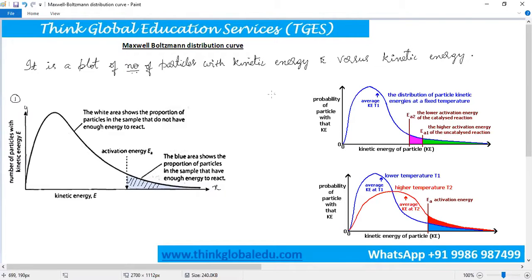With the help of the Maxwell-Boltzmann distribution curve, the two main factors which determine the rate of the reaction can also be understood. One is the effect of catalyst, and the second one is the effect of temperature on the rate of the reaction.